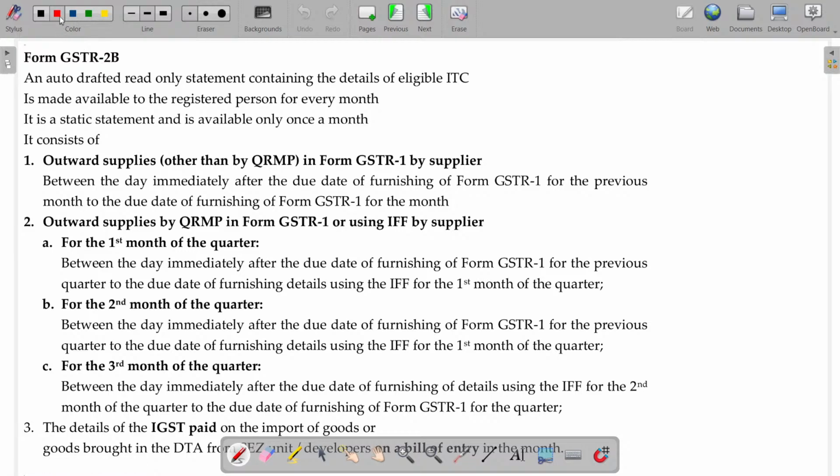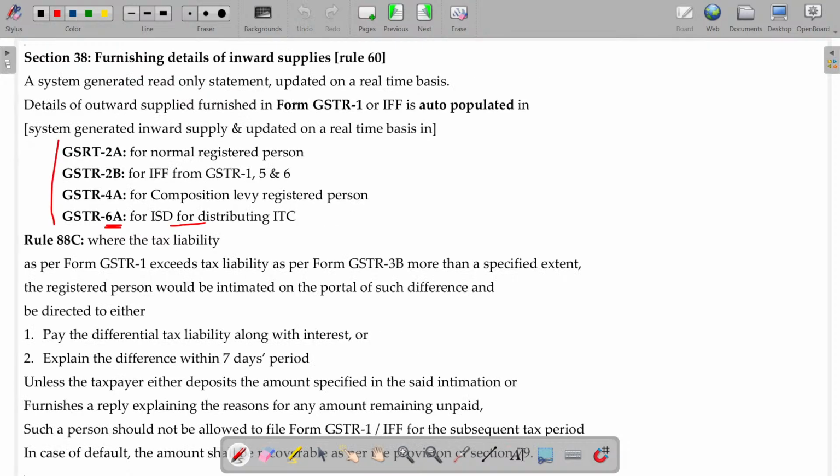And in case of GSTR-2B, the filing using the IFF will be auto populated in GSTR-2B under section 38. Anyway, we'll finish up that as the sequence story will be completed.